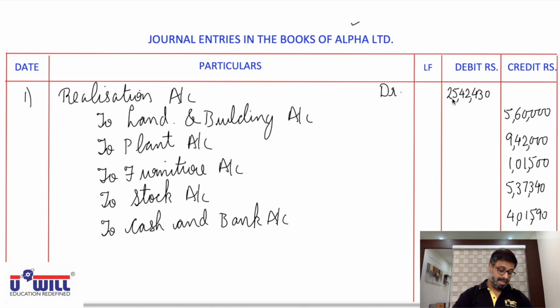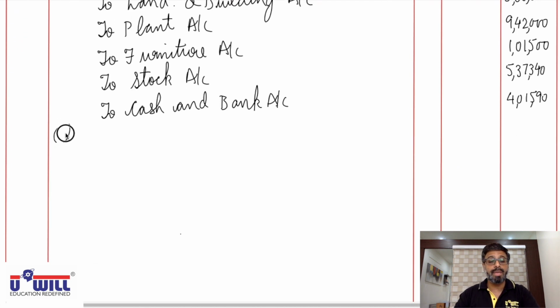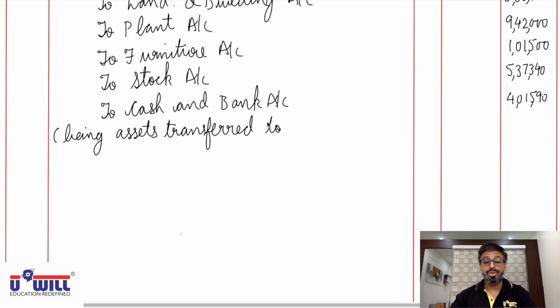It must come to same value 2542430. Okay, so this is the first entry passed, being closing all the assets. Write down being assets transferred to realization account.